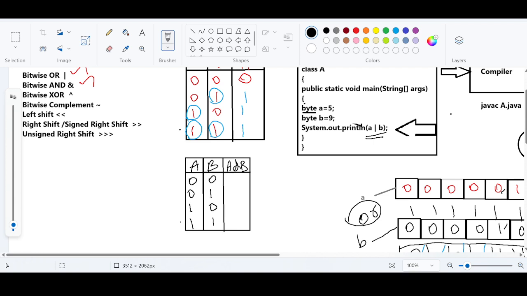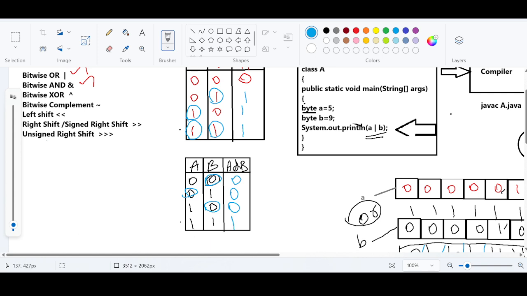Always remember, if both the inputs are 1, the output is 1, or else you can remember like this: if at least one of the inputs is 0, the output is 0. One of the inputs is 0, so output is 0. One of the inputs is 0, so output is 0. Is any one of the inputs 0? No, it is not, so output is going to be 1.